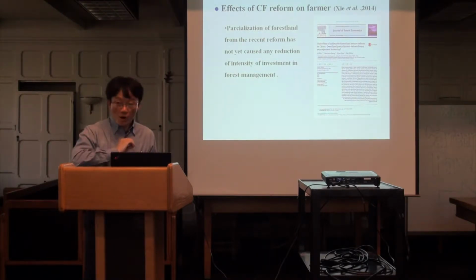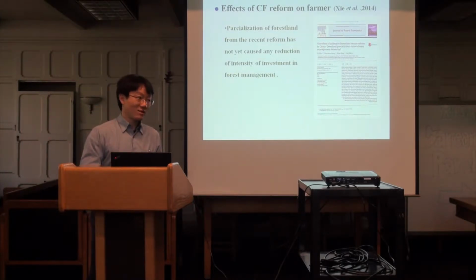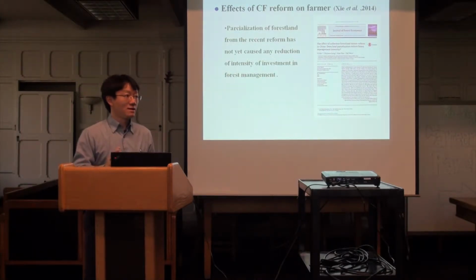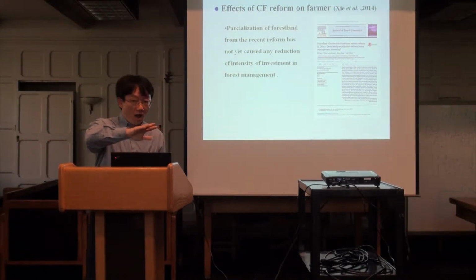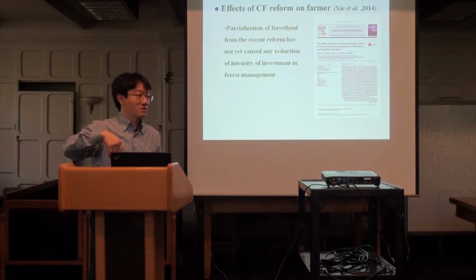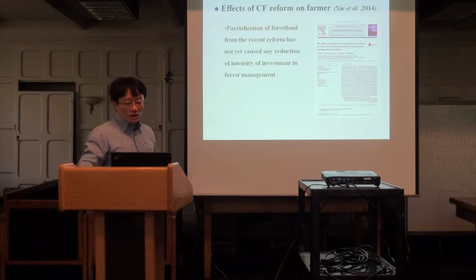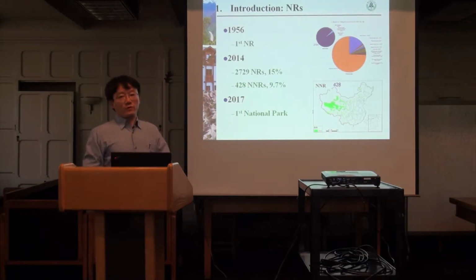So that means very small pieces. They cannot manage, they cannot harvest. Why? Because the forest land, the forest plot, is divided evenly, so everybody gets the same. That's a problem. That's a story about the collective forest in China.